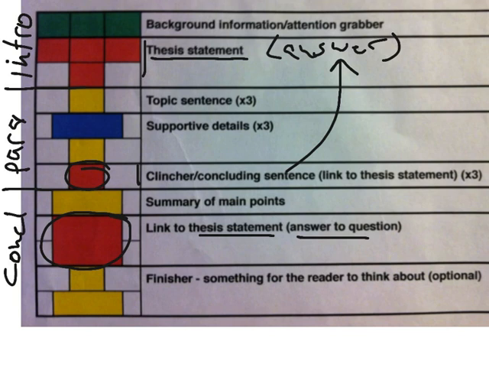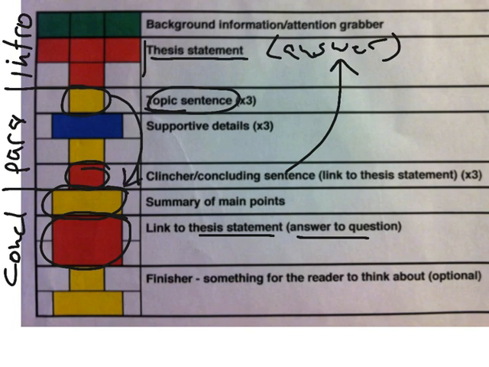Now, let's have a look at another important aspect of the essay, the colour coding that I've used, and that relates to the topic sentences. Each paragraph has a topic sentence, and that's the main point you're making. And then what you see at the end of your essay is a summary of your main points.